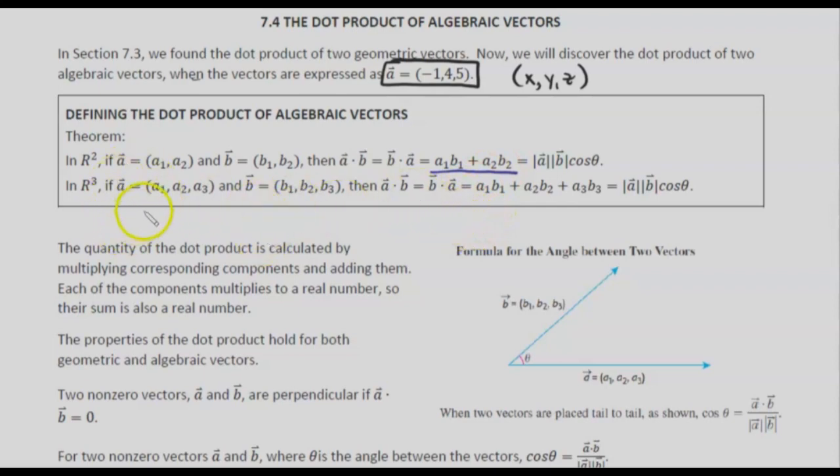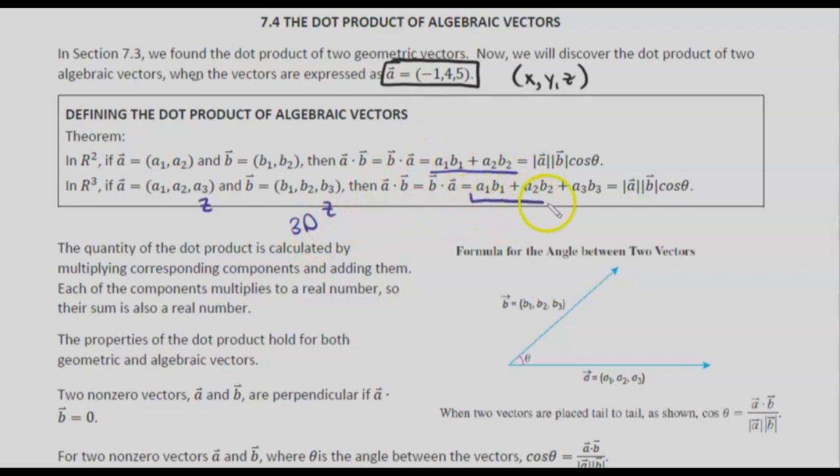So in R cubed, if our vector A is now A1, A2, A3, so now we have that Z value, and our vector B is B1, B2, B3. Again, we're extending this to 3D. Then, again, A dot B is going to be equivalent to B dot A. That holds no matter what. That holds if we're in 2D or 3D.